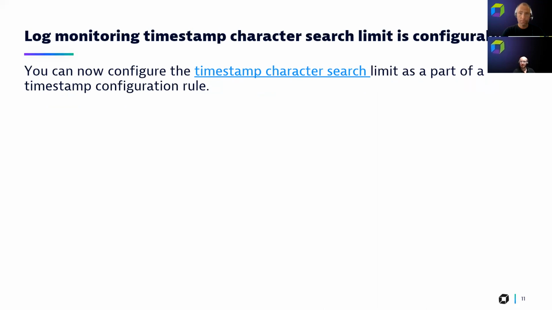Okay, so here from the log monitoring, we can now configure the timestamp character search limits as a part of the configuration rule. Regardless of any format, normally the timestamp occurs within the first 64 characters of a log entry.